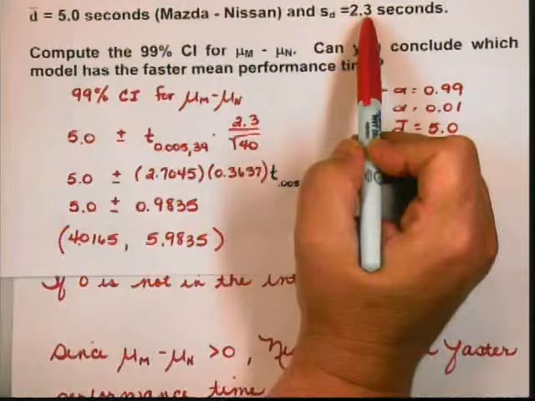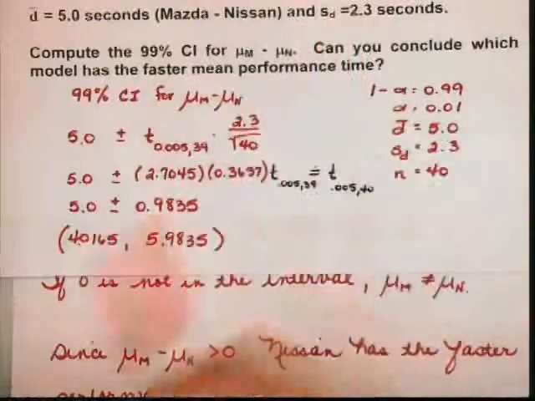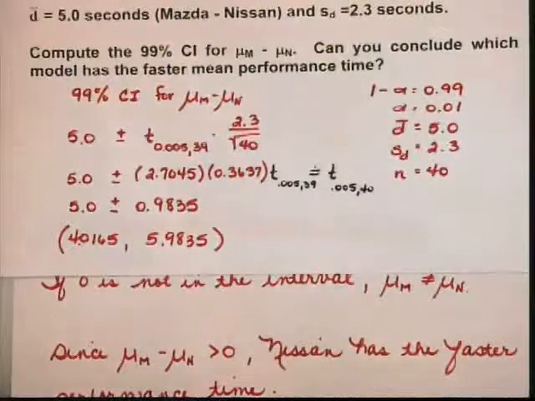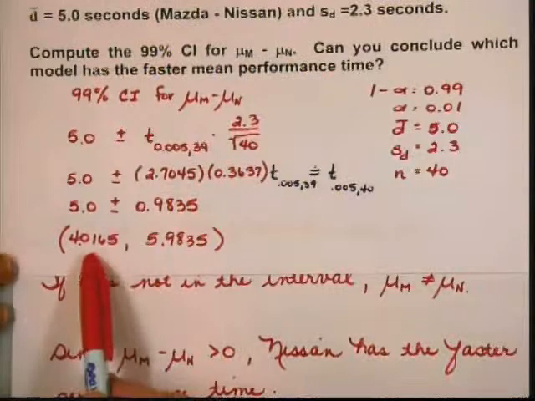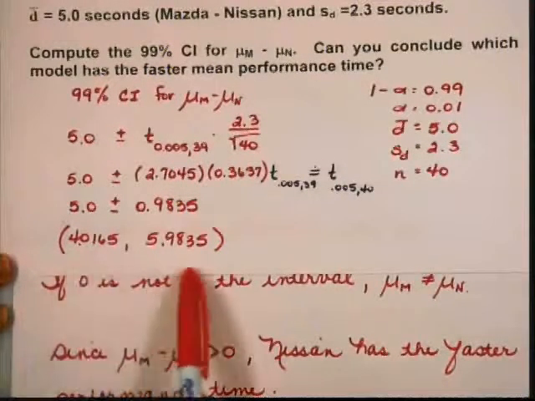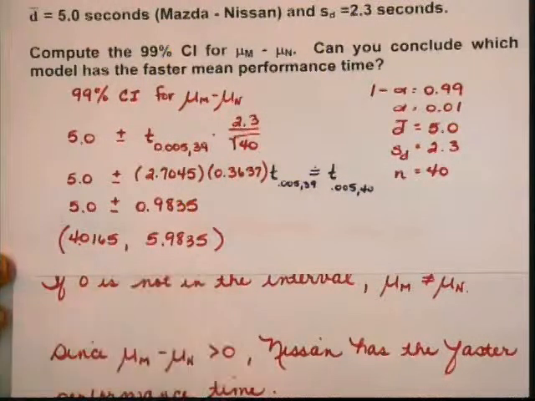Standard deviation is positive always. Okay? What would happen to our confidence interval? It would go from -5.98 up to -4.01. They have negatives and they would switch direction. Would Nissan still be faster? Yes.